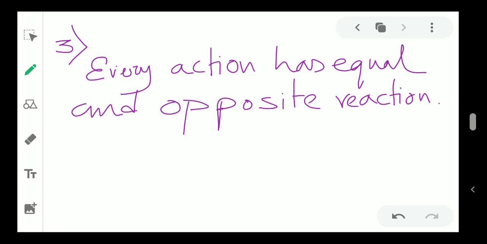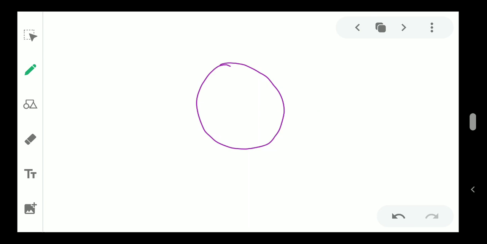Now, how do we realize this fact? We know that every object wants to stay in its previous state. So obviously when you are transferring momentum, that means you are trying to change the state of the object, and automatically the object will give you some hindrance.